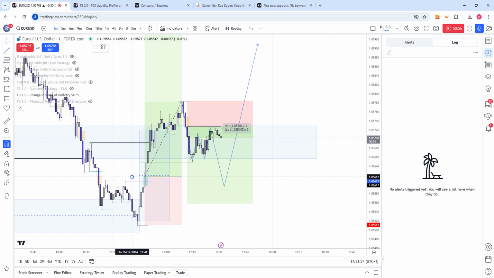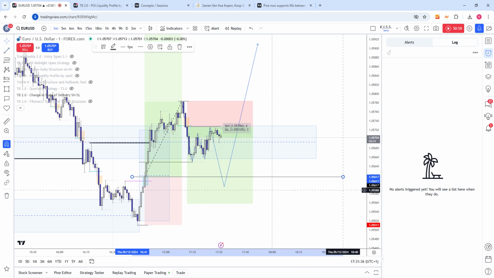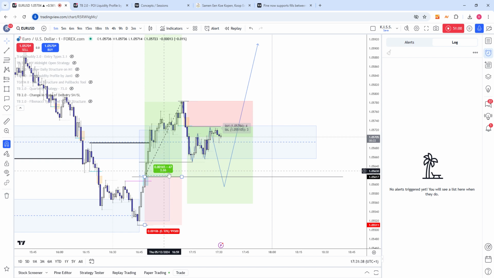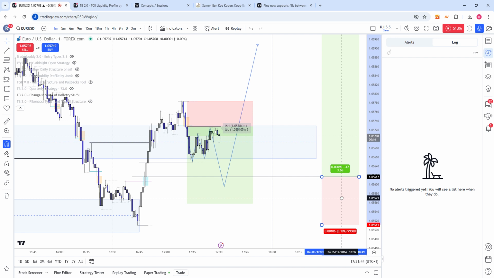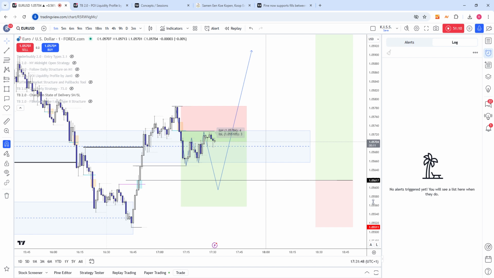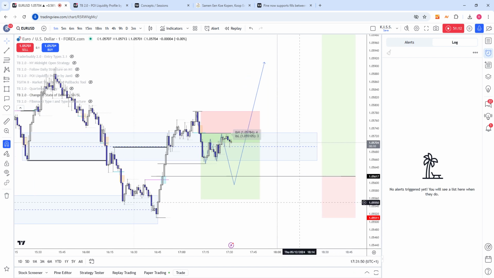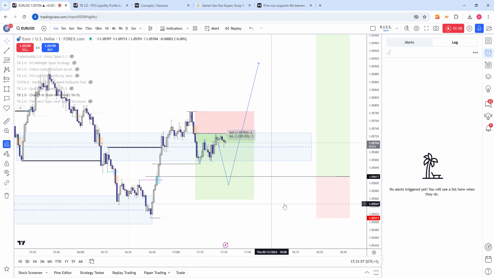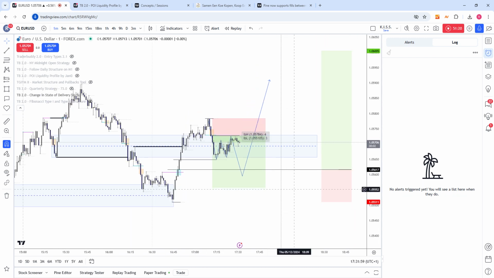It's the 50% of the liquidity void. It's the top of the fair value gap, and it is the level where we broke or changed the state of delivery.